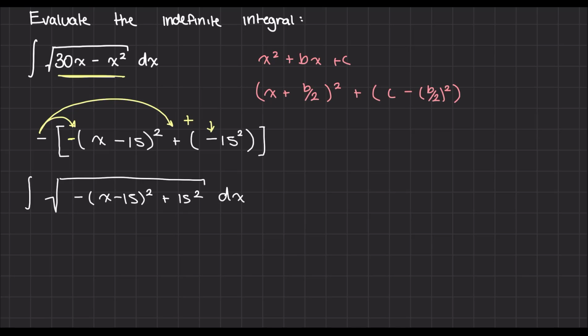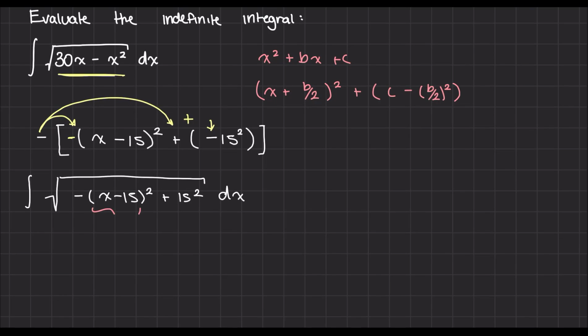Now what do we do? This doesn't look too much more simple, but the reason why we do it this way is because there's going to be a trick we can use. If we wrote this inside x minus 15 as a variable called u, for example, we can use this little trick called trig sub integration, where we follow these rules.